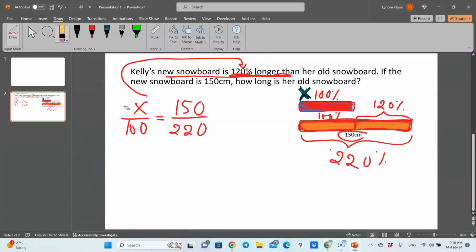Do you agree with these equations? The length over the percentage equals the length over the percentage.